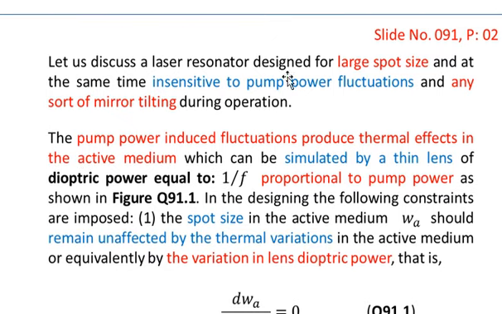Let us discuss a laser resonator designed for large spot size and at the same time insensitive to pump power fluctuations and any sort of mirror tilting during operation. So here we are addressing two things: insensitivity to pump power fluctuations and insensitivity to any sort of mirror tilting.